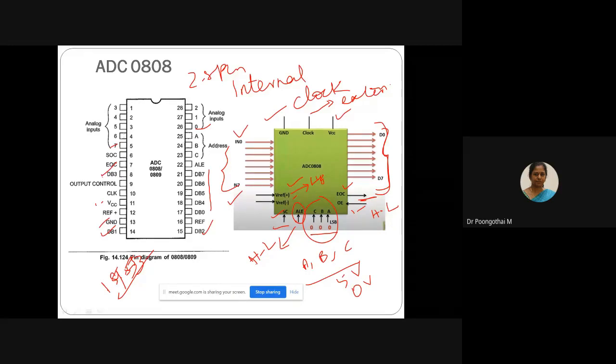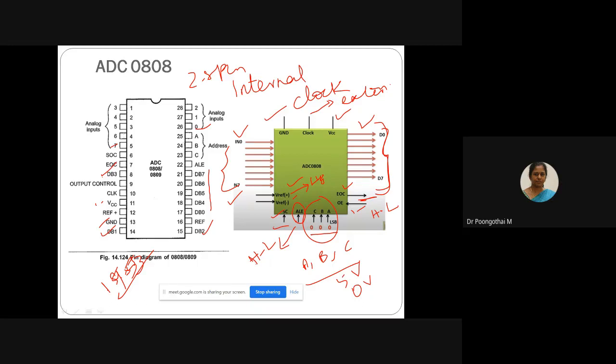This pin is used to extract the data from the ADC. After conversion, your data will be available from D0 to D7. Once the conversion process is over, the output enable signal should be activated to extract the data from D0 to D7. So these are the pins associated with the ADC IC 0808.